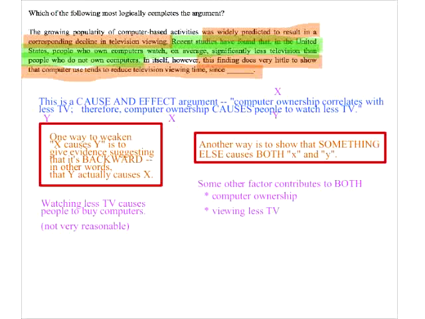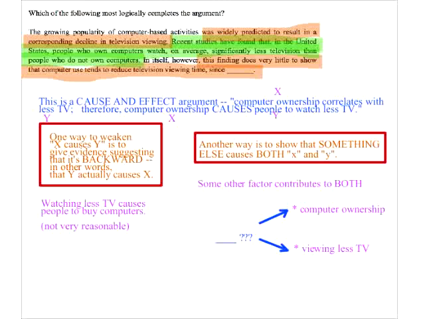If we made a diagram of this, like one of those primitive little diagrams that we made before, if we can find some factor that contributes to both of these things, then we are good. So we just need to find what it is. What factor is that?